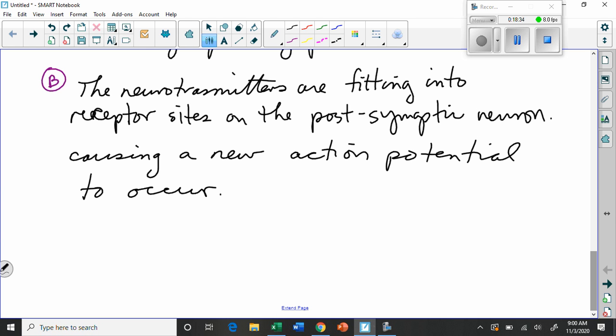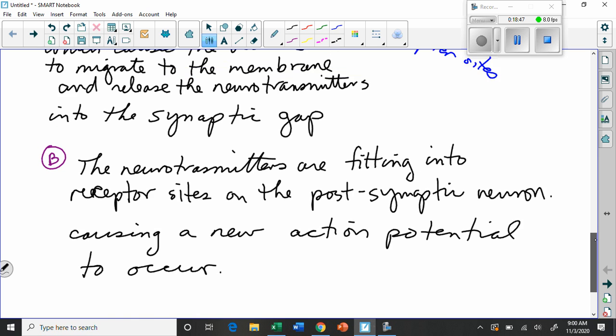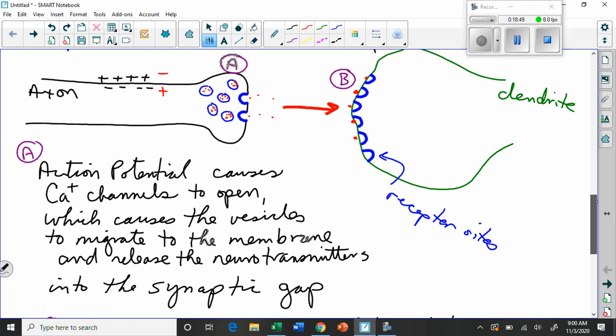So this is a little bit different because we have this chemical messenger that has to bridge the gap between the two neurons at the synapse. So we'll go back to our picture for a second.